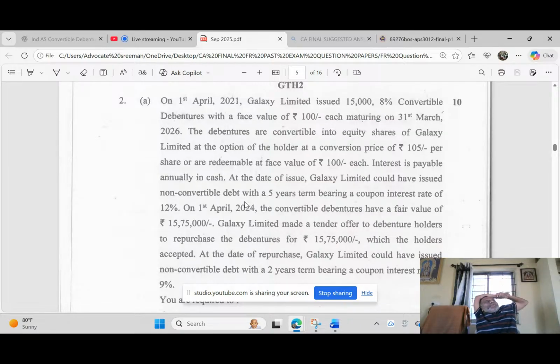Here, the market rate of interest is 12%. That's why I would like to bring those at the market rate of interest, means 1 divided by 1.12, for 1, 2, 3, 4, 5 years.